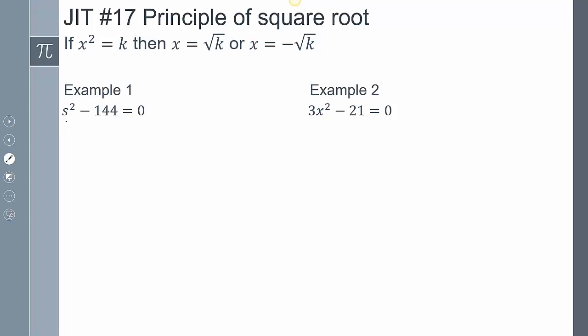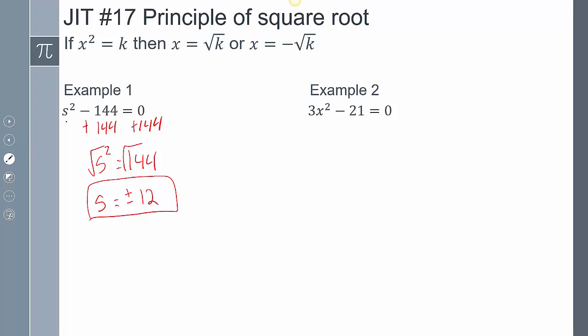Now we have the principle of square roots. All this says is that if x squared equals k, then x equals the positive square root of k, or x equals the negative square root of k, meaning I have to include a plus or minus whenever I take the square root. So here, if I add 144 to both sides, I'm going to get s squared equals 144. So if I take the square root of both sides, I have to say s equals the positive version of that and the negative version of that.